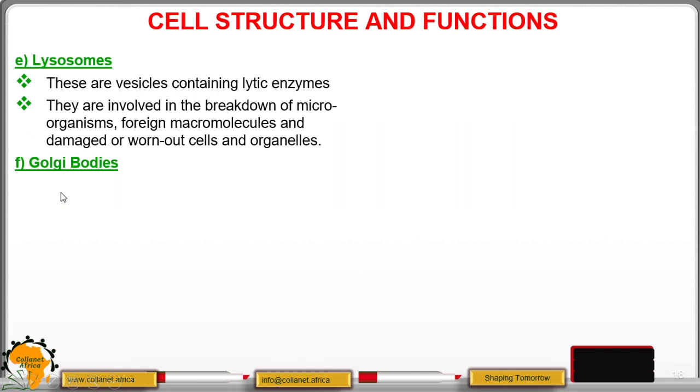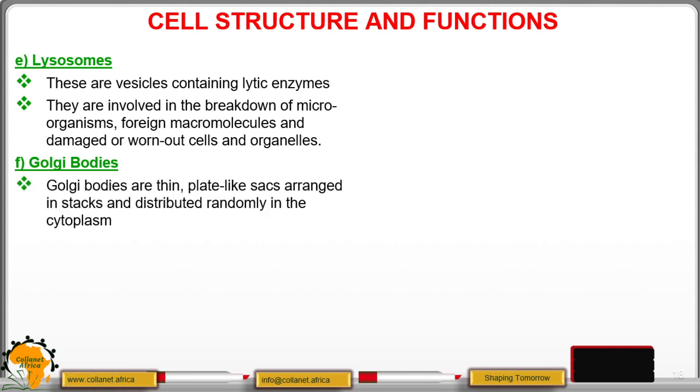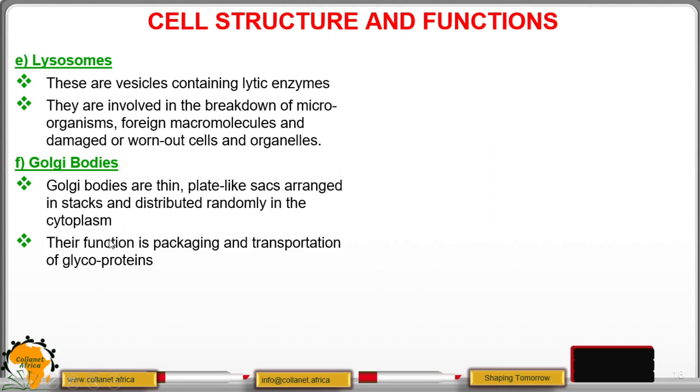We move to Golgi bodies, and are thin plate-like sacs arranged in stacks and distributed randomly within the cytoplasm. They are involved in packaging and transportation of glycoproteins. They also produce lysosomes.